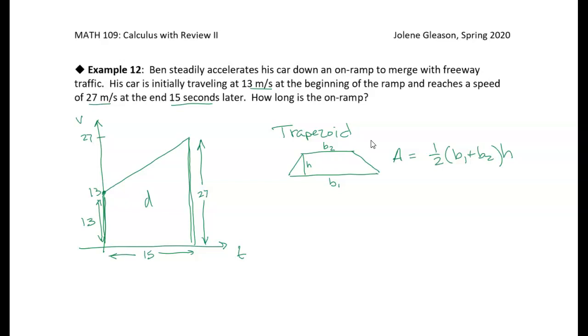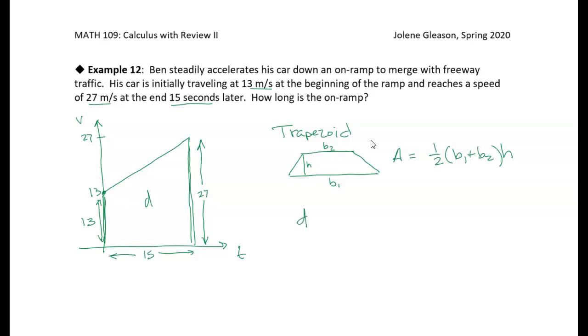So in this case, we're going to use the area of a trapezoid to get the area under the velocity curve and compute the distance. Our bases are 13 and 27, because it's turned 90 degrees.